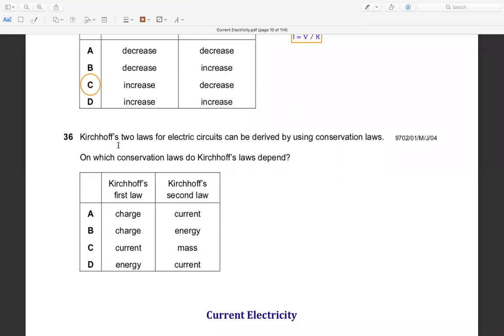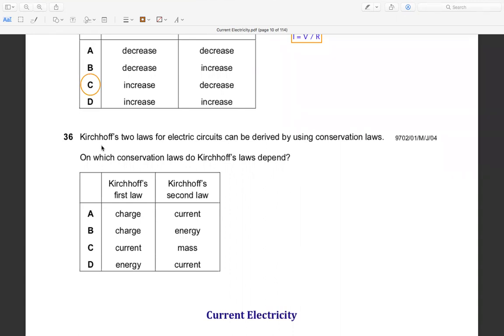36. Kirchhoff's two laws for electric circuit can be derived by using conservation laws. On which conservation law do Kirchhoff laws depend?